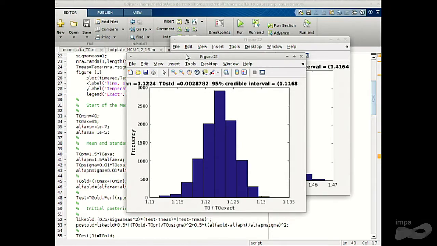So what's happening is that we are getting a nice Gaussian distribution. We'll probably see converged samples, equilibrium Markov chains, very nice Markov chains. But we have a bias. We have a bias.